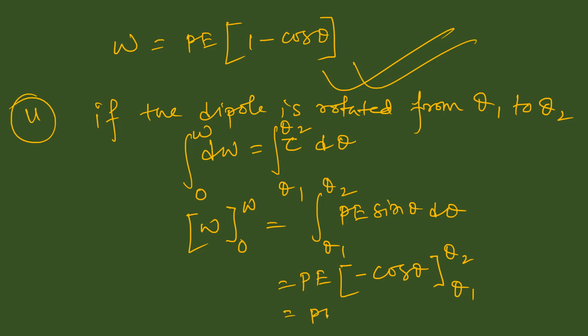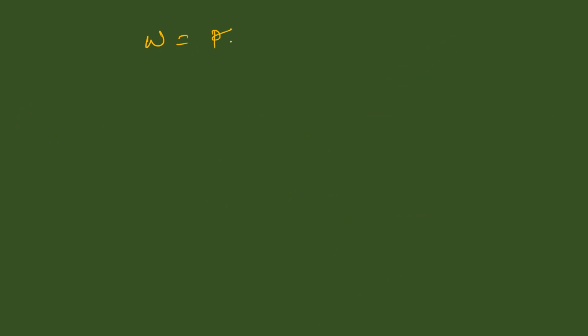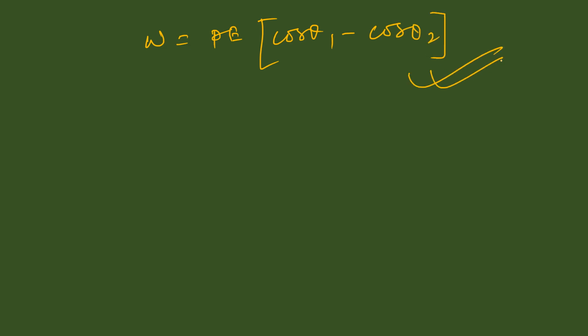Substituting the upper limit first, it will be minus cos theta 2 plus cos theta 1. In the next page I will write that expression arranged properly. On the left hand side, substituting the upper limit gives W. So W equals pE into (cos theta 1 minus cos theta 2). By this universal expression, you can find the work done in rotating the dipole in an electric field.